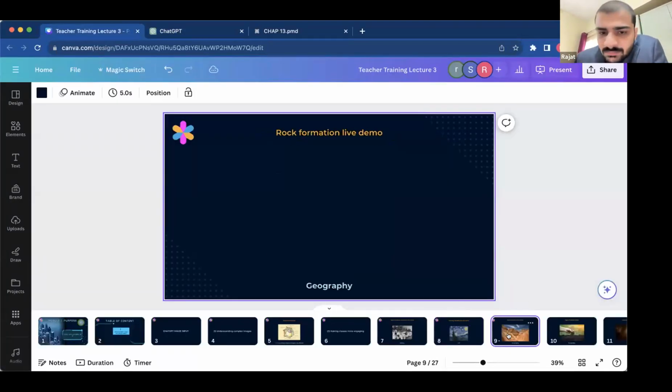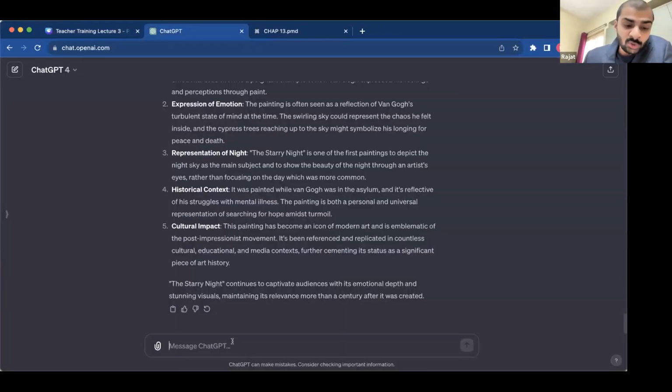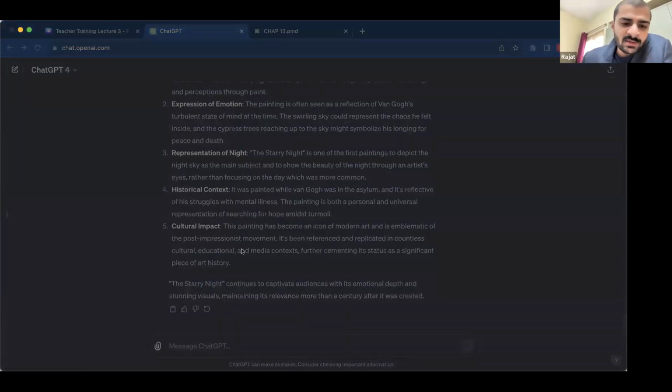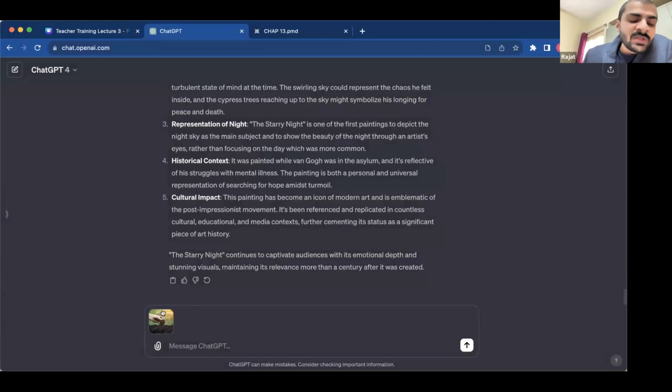Even geography can sometimes be boring to students, but with this tool, let's say with the entire class, you take them down to the ground and collect a photo of the soil over there. So let's say the soil looks something like this. You come back to class, then you show it to ChatGPT live in front of the students, and you can ask, have a look at this soil image.